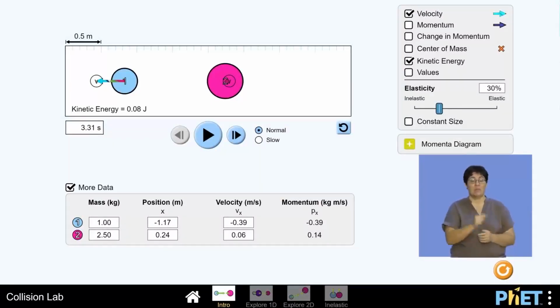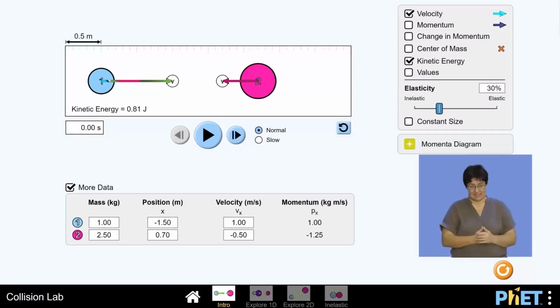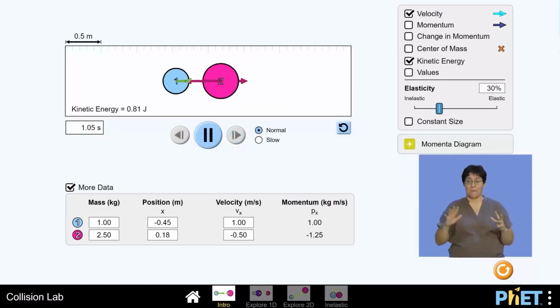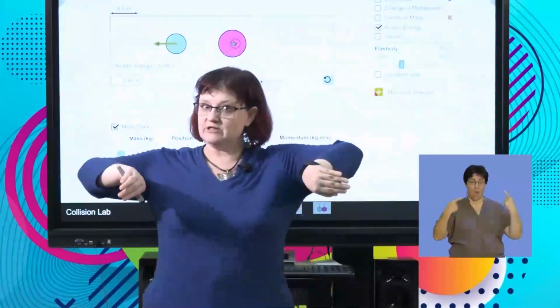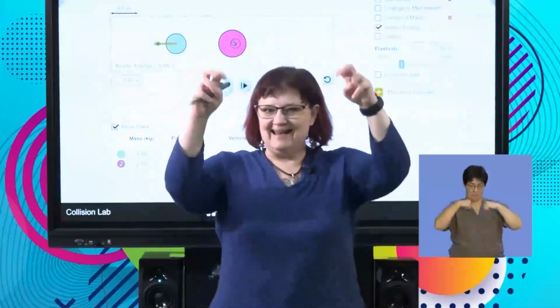But can you see that by changing direction, we had a much bigger loss in kinetic energy? So here, the original was 0,81. When they collide, it now becomes 0,08. So in other words, when two objects collide with each other and they go in opposite directions, more kinetic energy is lost. There's a bigger transfer of kinetic energy, okay? And that's always the case.